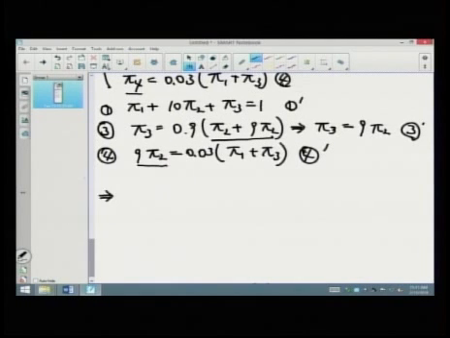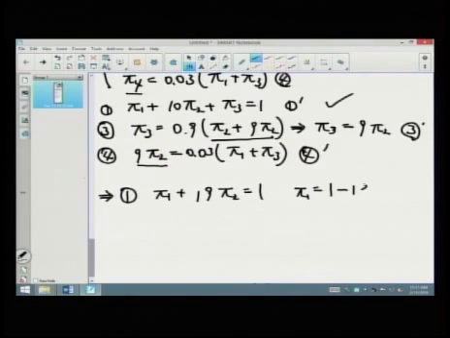So let me do this. From 1 prime, which is here, we have pi 1 plus 19 pi 2 equals 1, right? So we have pi 1 equals 1 minus 19 pi 2. So let's say this is 1 double prime.